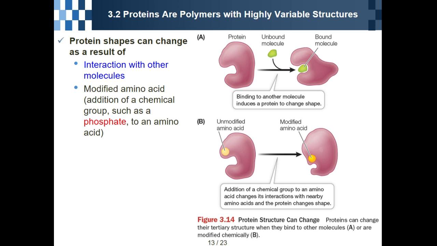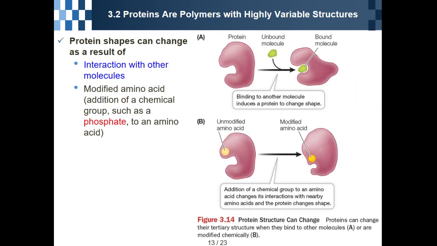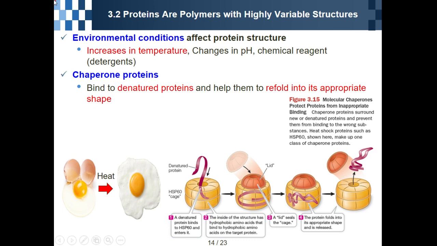It can be activated just like this. So the proteins. And also environmental conditions affect protein structure. The most important thing is the temperature.